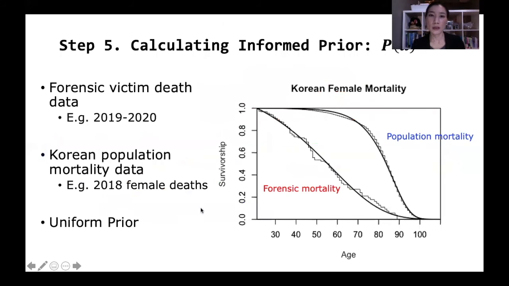This slide reinforces my previous point. As for obtaining an informed prior for Korean populations, we have a number of different options. We can either use forensic victim death data, that is essentially the age-at-death data that comes with the CT scans, or we can use Korean population mortality data, specifically from 2018.